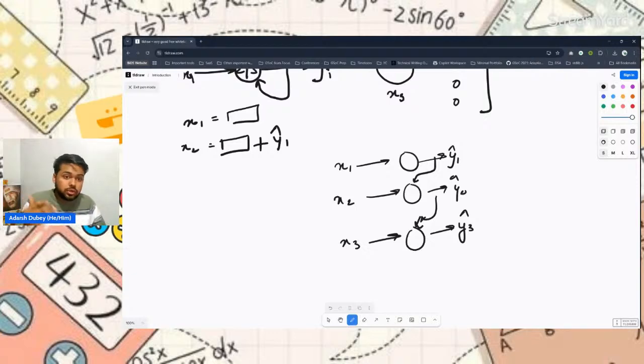Now to calculate for x3, you first need y2 hat, and to have y2 hat, you need to go ahead with the computation of x2, and to have that, you need the computation of x1. So you need it in a sequential manner. You cannot compute all these parallelly. So the major problem with RNNs is that they are computationally very slow, because you cannot use a parallel algorithm to solve all this.